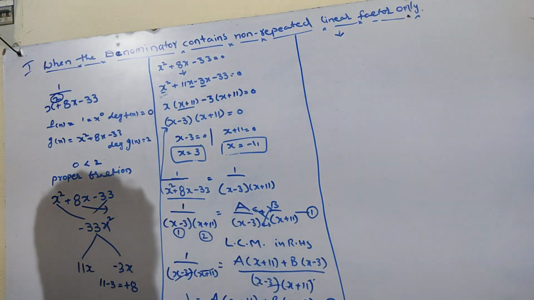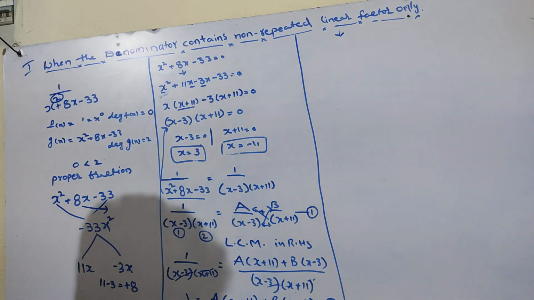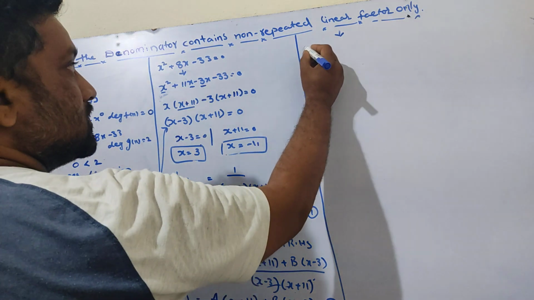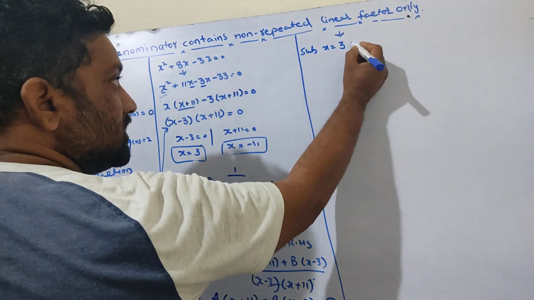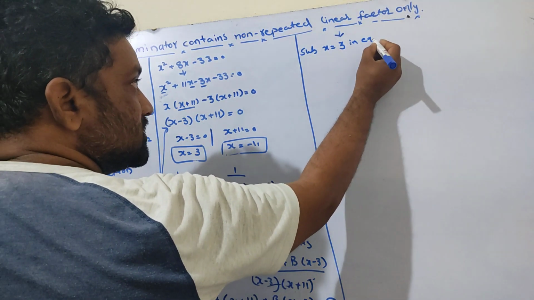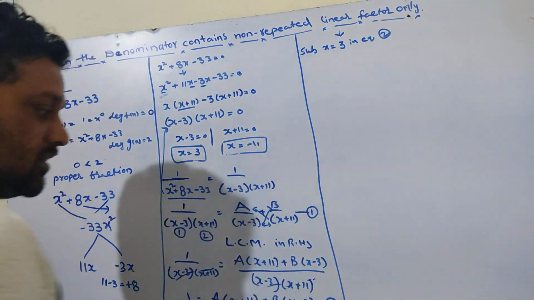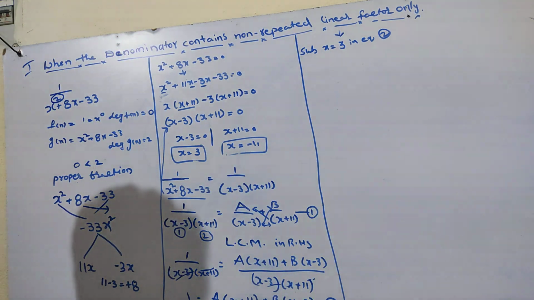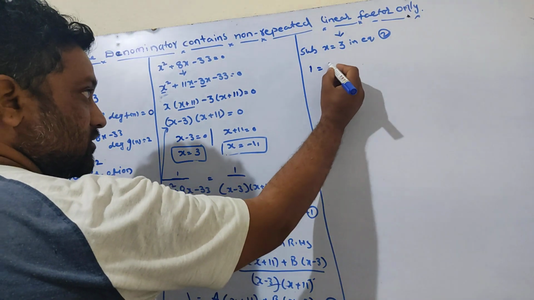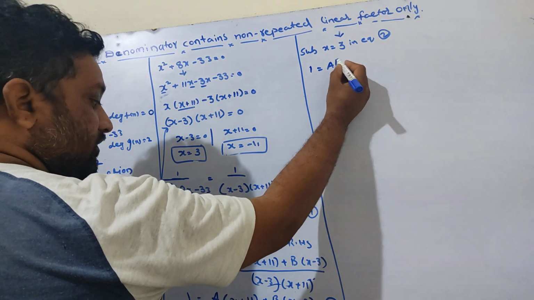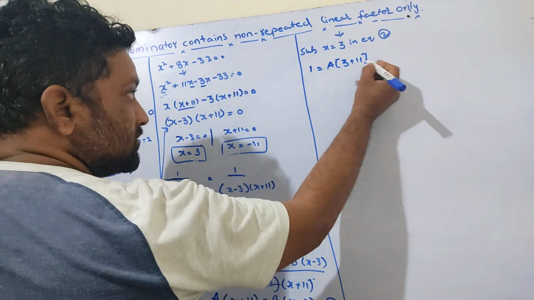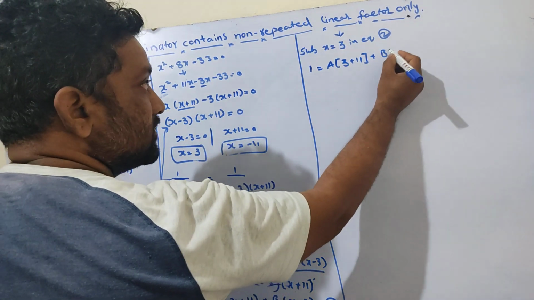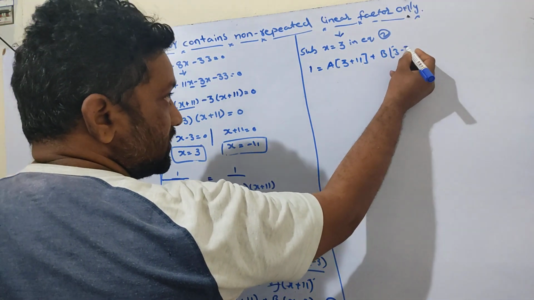Now we are substituting the x values in equation 2. Substitute x is equal to 3 in equation 2. So 1 is equal to a of (3 plus 11) plus b of (3 minus 3).